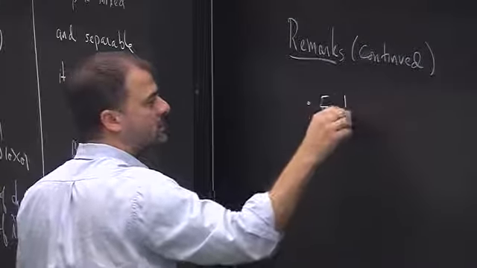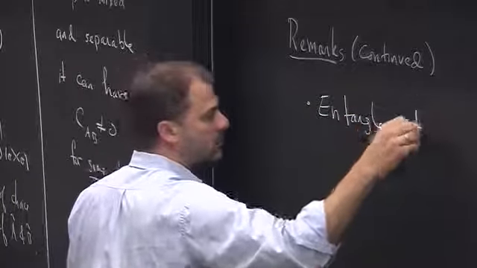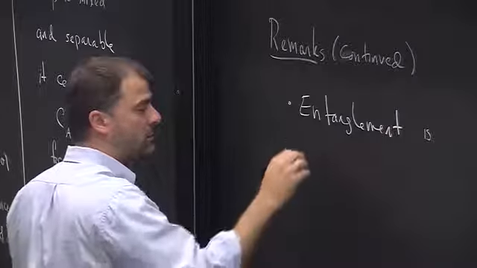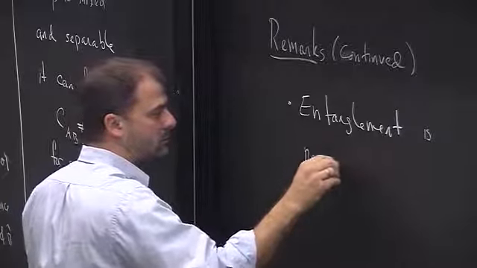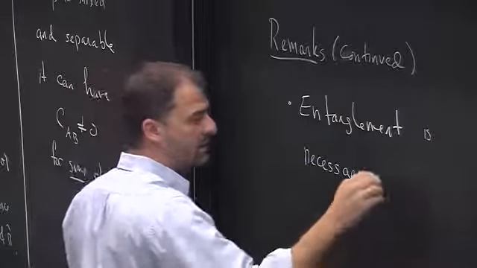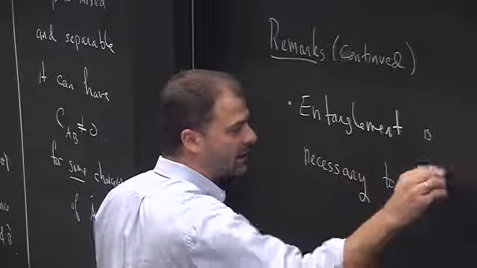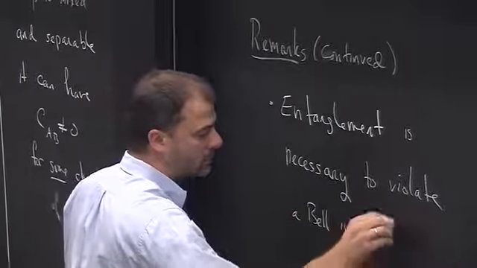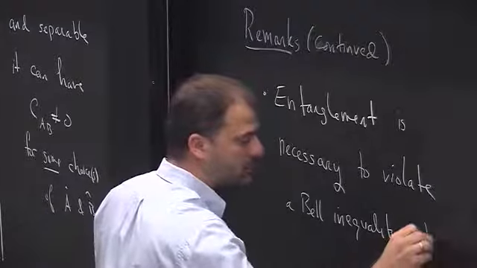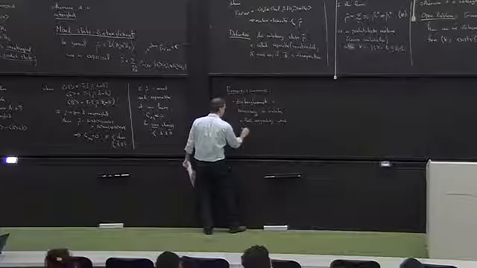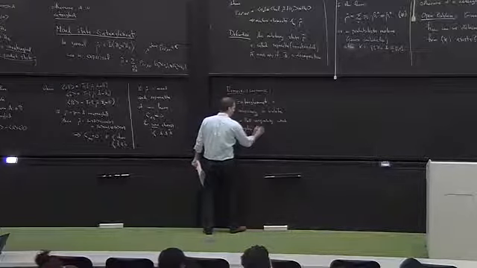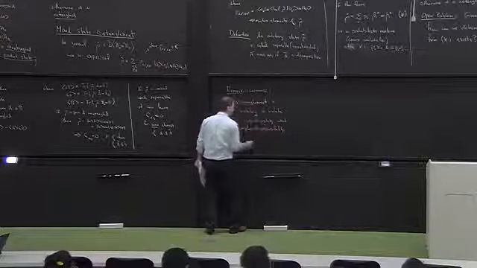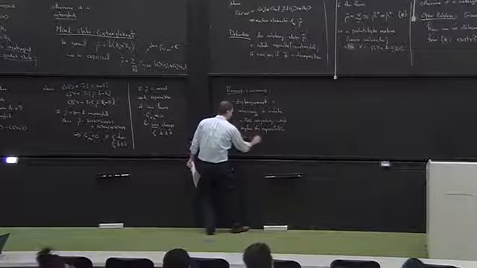So entanglement is necessary to violate a Bell inequality, which implies the impossibility of a non-local hidden variable model.